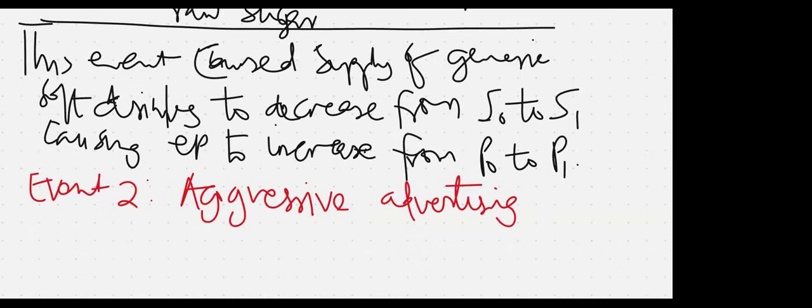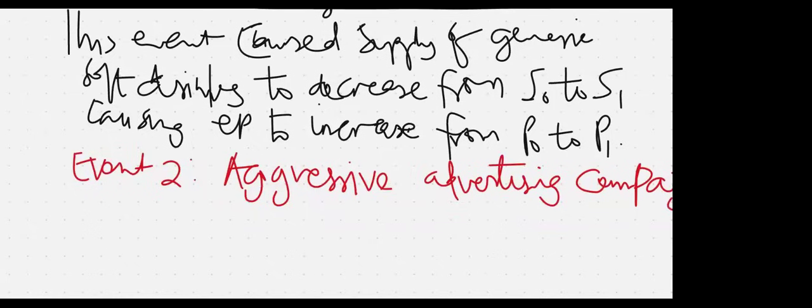Aggressive advertising campaign. Okay, so I'm just writing the analysis I did at the top, the workings. That's what I'm writing in words. Now I'm writing the workings in words for the examiner to know what I'm talking about.